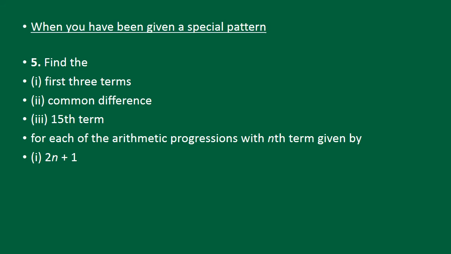And if you are given some special patterns, this is a kind of number pattern. This is not our standard formula, but here also you can find out any term of this type of pattern, you can use this pattern. So if you are given the pattern, don't use Tn equals a plus n minus 1 d. Don't use this one if you have been given something like this.